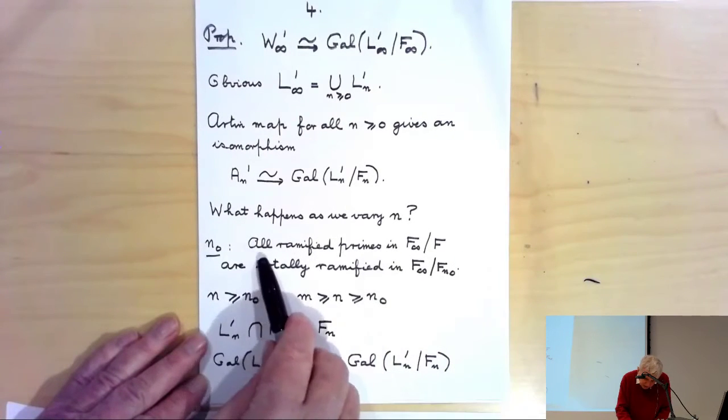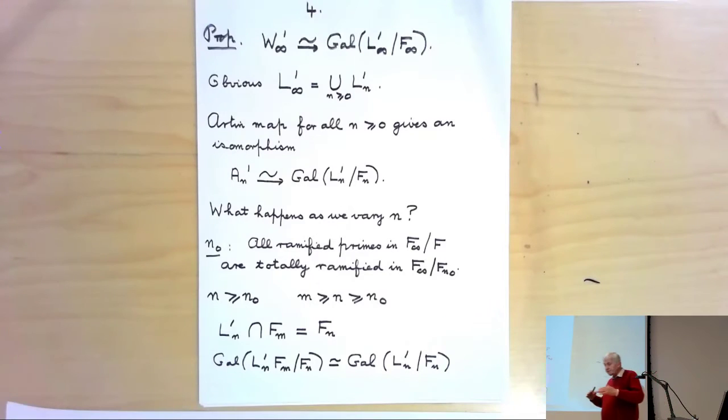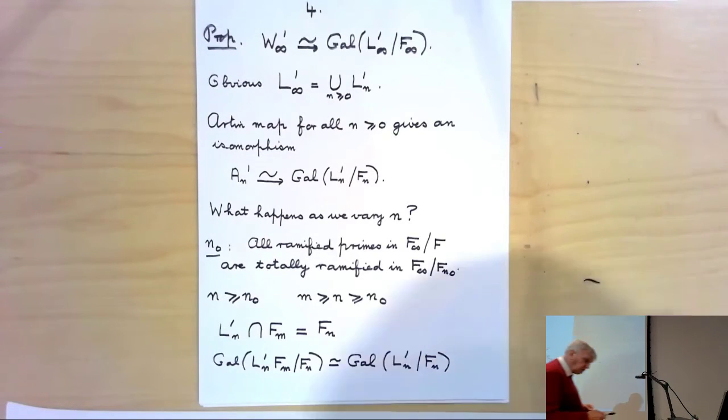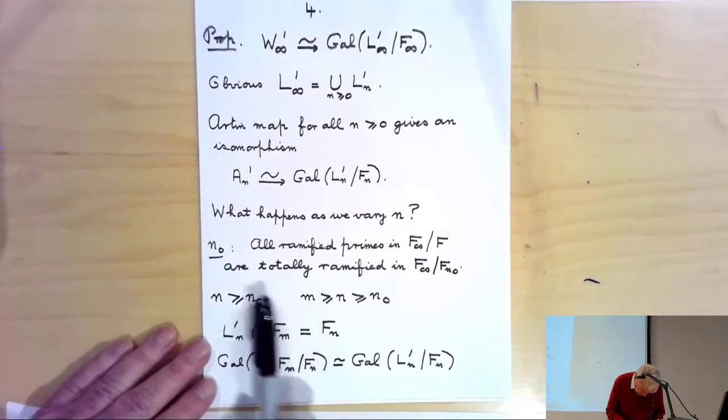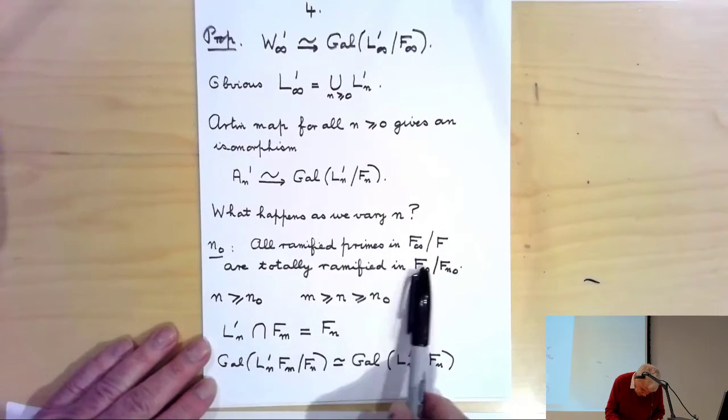We know, of course, that because the open closed subgroups of gamma are isomorphic to Z_p, and the only primes that can ramify are some primes above p, perhaps not all of them, there will be some integer n naught such that from that point onwards, every prime which ramifies in the extension will be totally ramified. So that's what the integer n naught in all that follows will be. That all are totally ramified in F infinity.